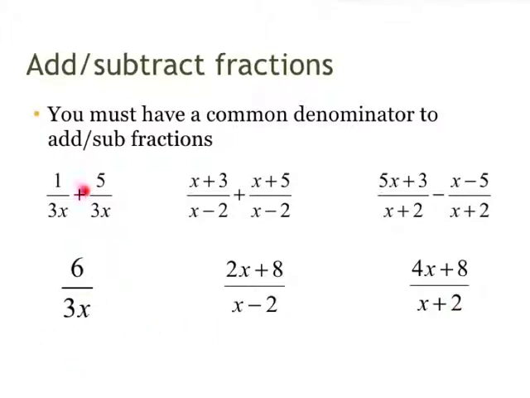And then when you add 1 over 3x plus 5 over 3x, you have 6 over 3x. Here you would have x plus x is 2x, and 3 plus 5 is 8 over x minus 2. Here 5x minus x is 4x, and 3 minus negative 5 is the same thing as plus 5, which is 8.